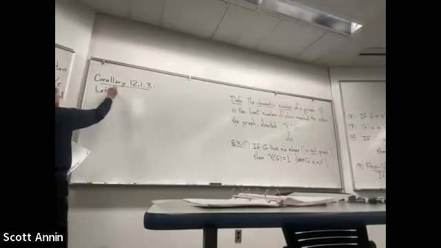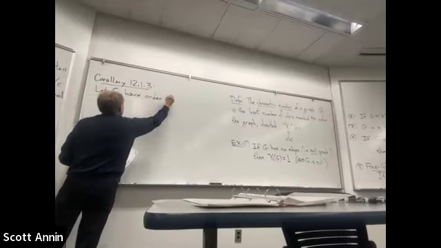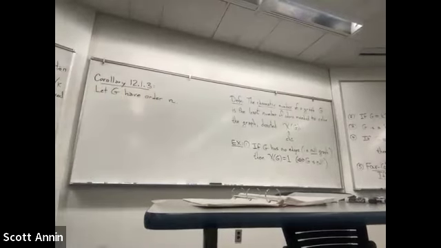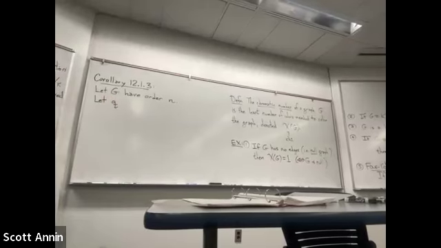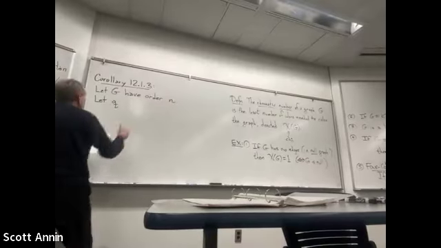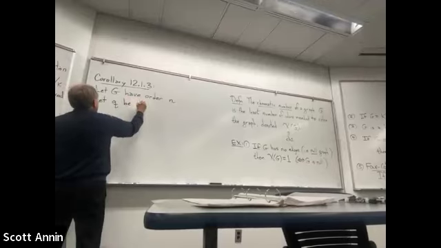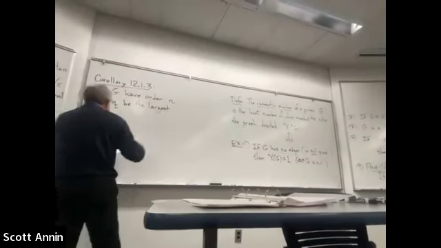So let's let G have order n. Have a graph of order n here, right? And this is kind of an interesting thing. We'll do an example in a second to understand this Q that I'm going to bring into the statement here. So Q, we're going to let Q be the largest size.